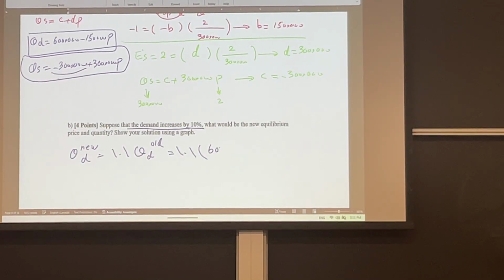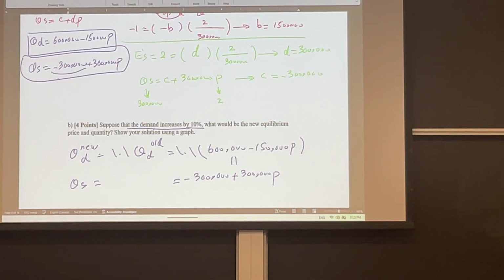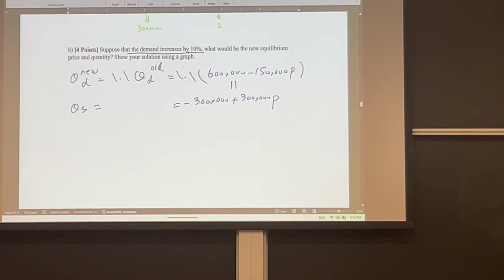That is our old demand, and that will give us our new demand. Right? The supply is the same, hasn't moved, so I can just write it. If you set this equal, you get your new price.